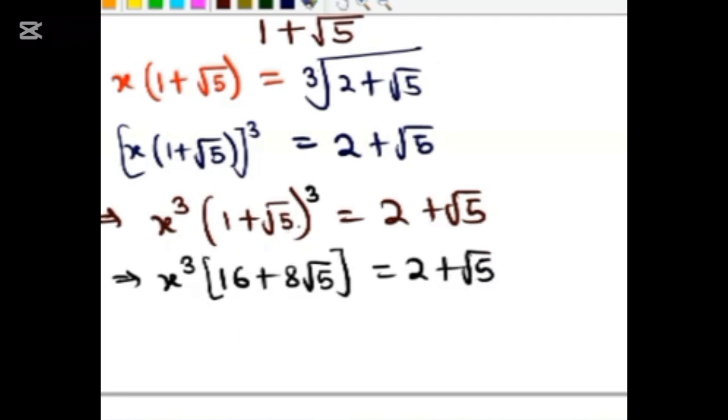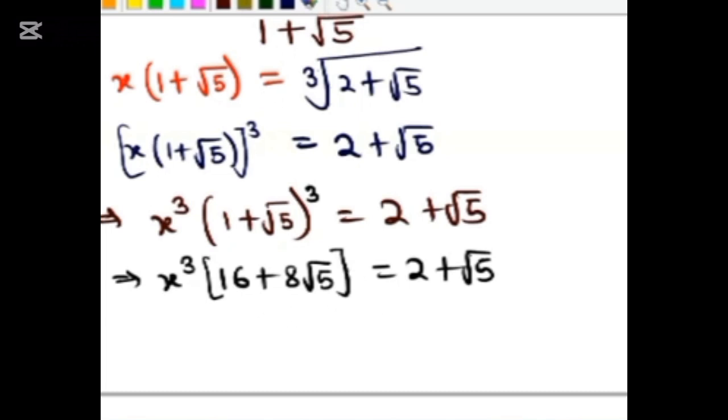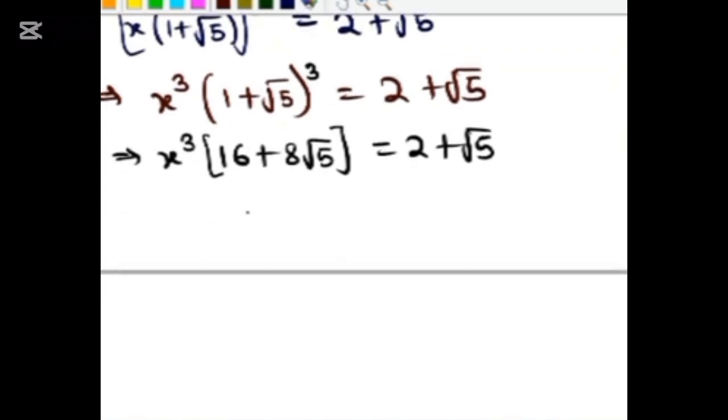Of course, you can expand by the binomial process, or you can expand it into 3 brackets, where you have 1 plus root 5 into 1 plus root 5, then into another 1 plus root 5. So by the time you are done expanding these 3, you will get the value I have up here, which is 16 plus 8 root 5.